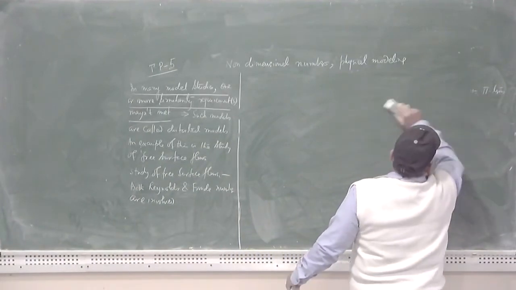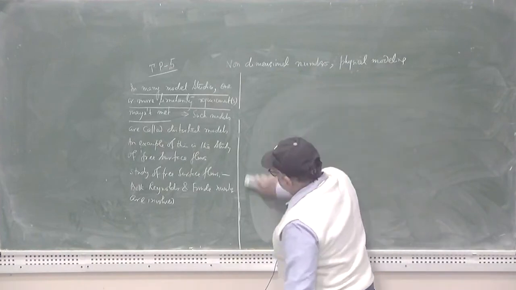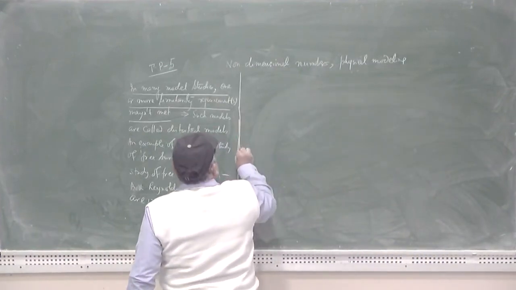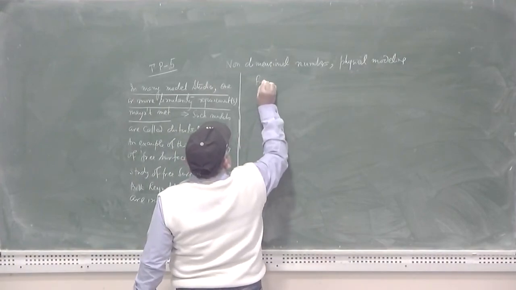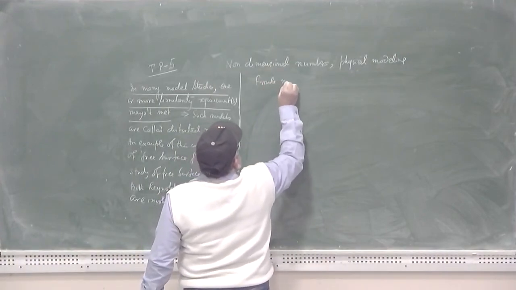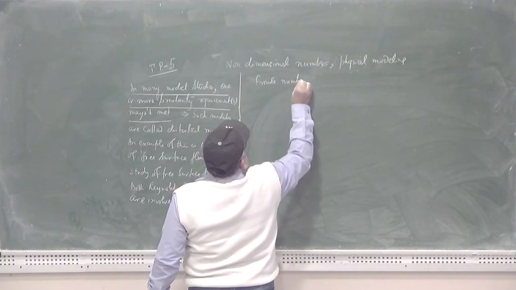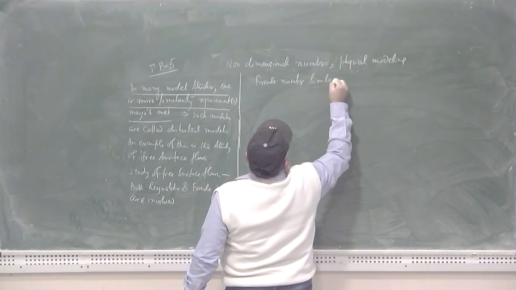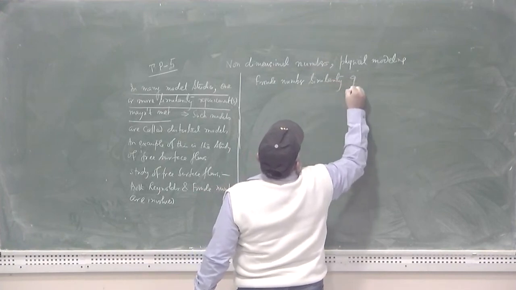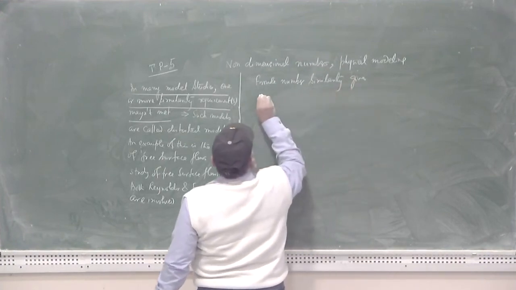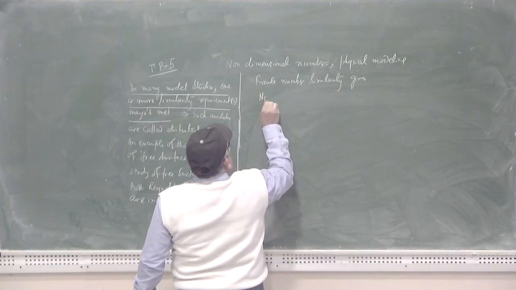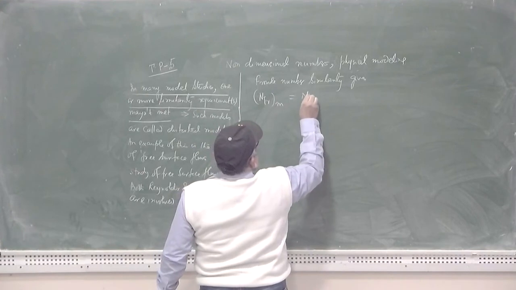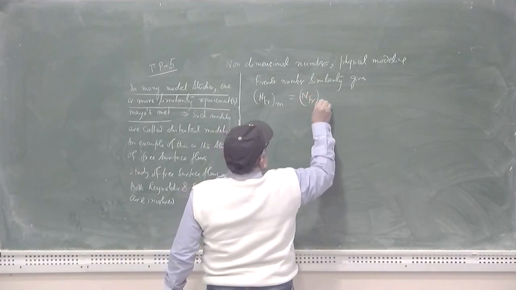So, the Froude number similarity for the present circumstance gives that the Froude number for the model should equal the Froude number for the prototype.